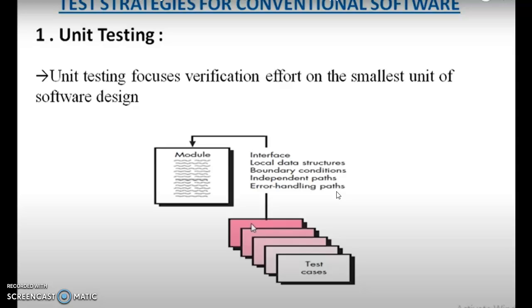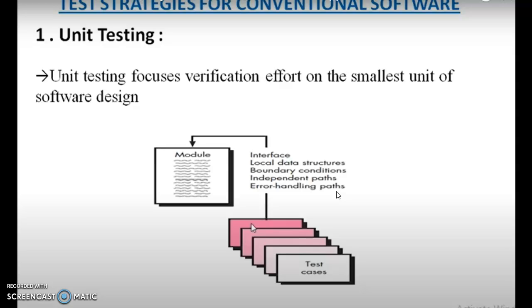The data flow across a component interface is tested, to check whether the data enter and exit properly. The local data structure should be exercised, and the local impact on the global data should be ascertained during unit testing.